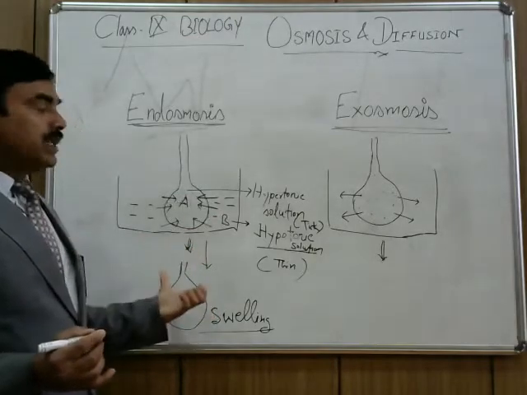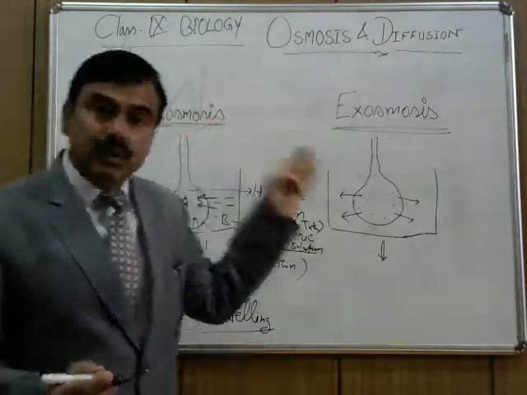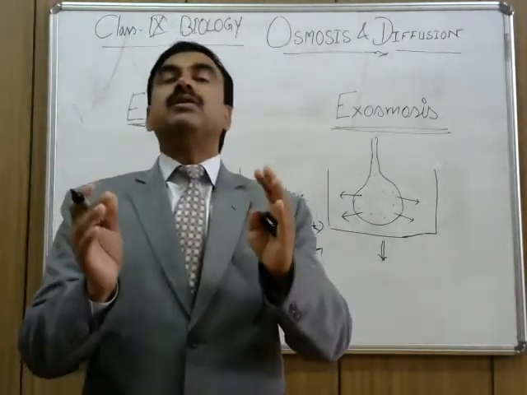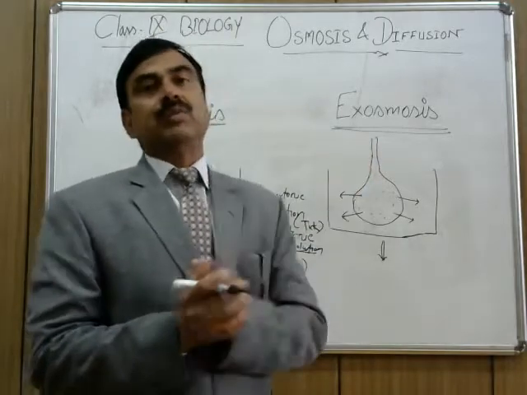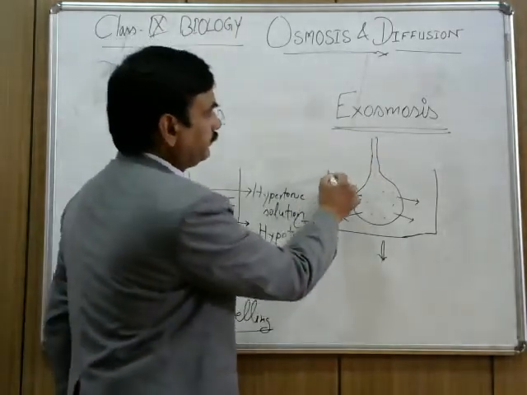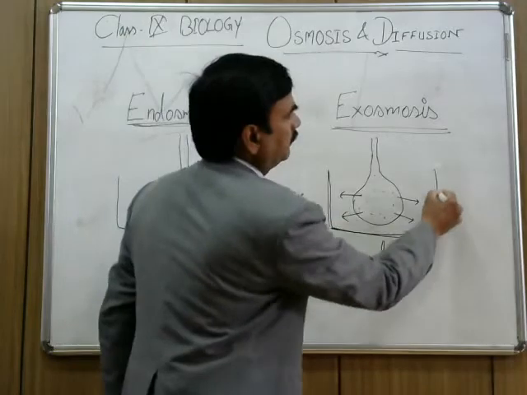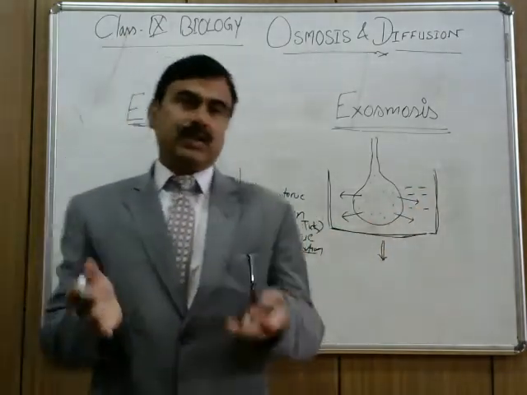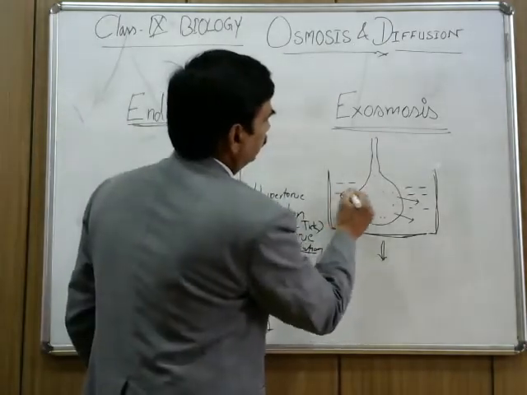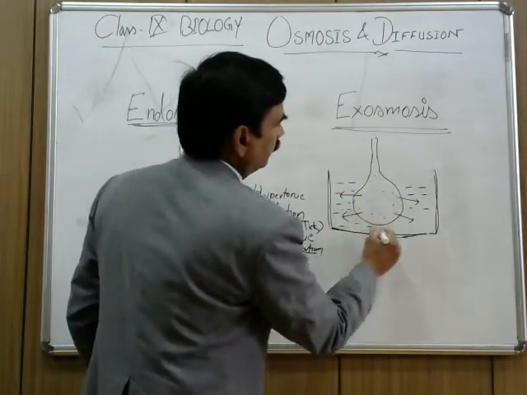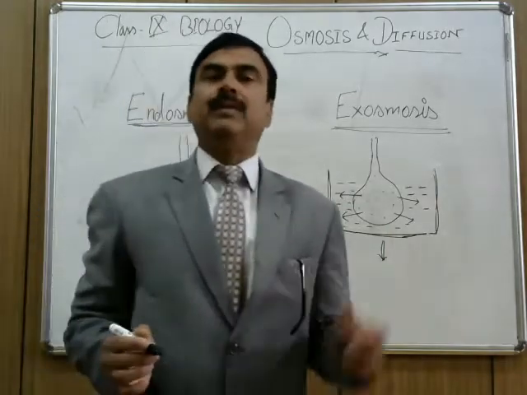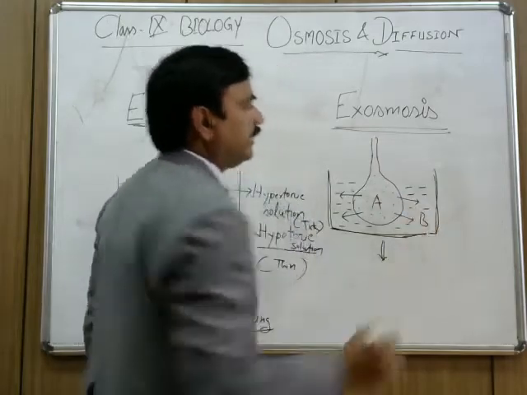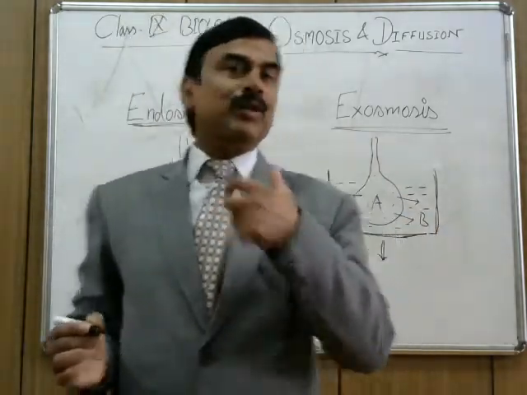On the opposite to this endosmosis, now I am going to look towards the exosmosis. Same diagram. Take a beaker, fill it with the water, again I am going to label this A and B. But this time what is the change?